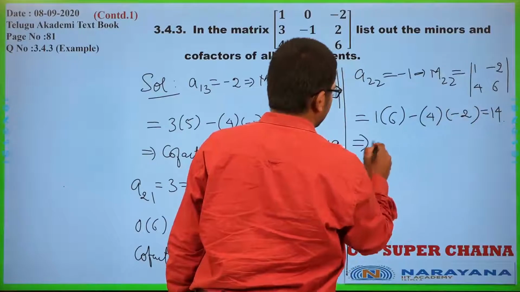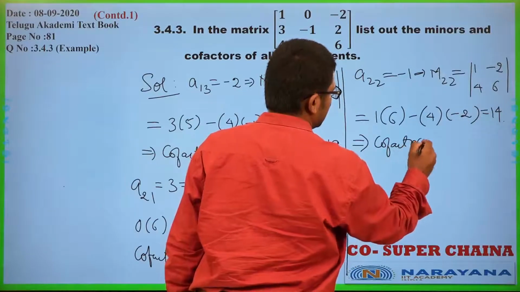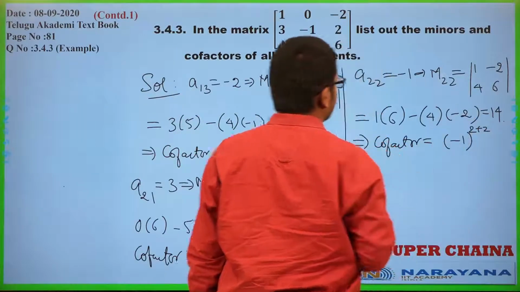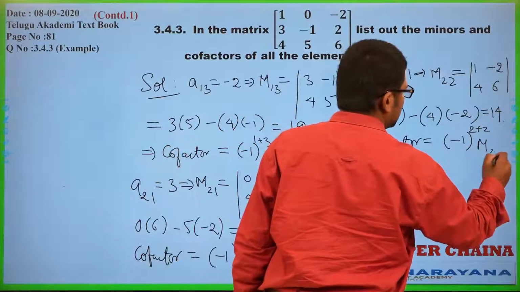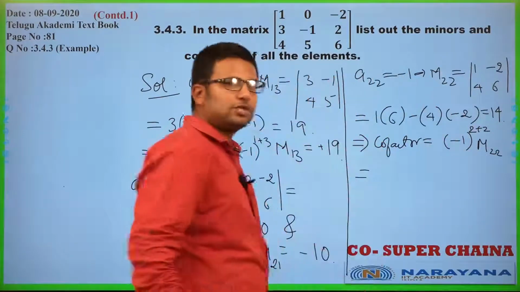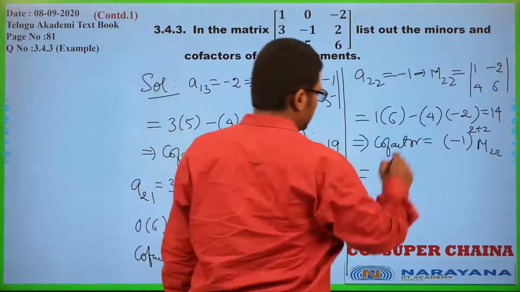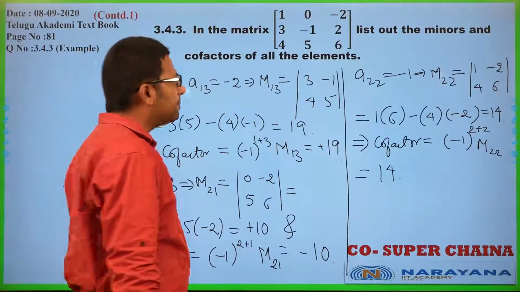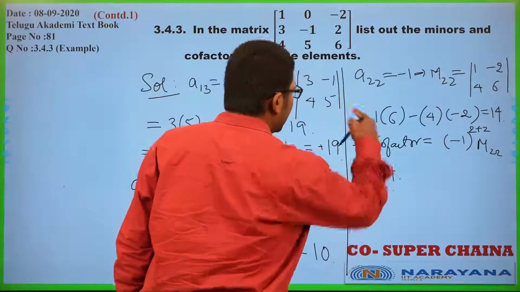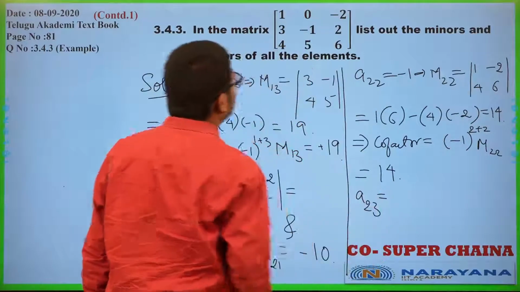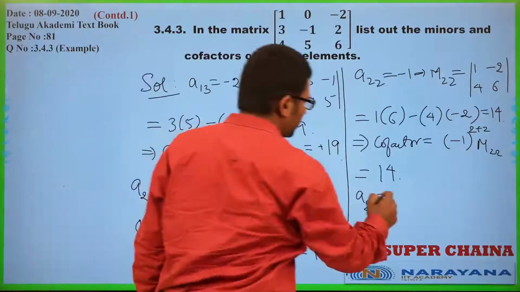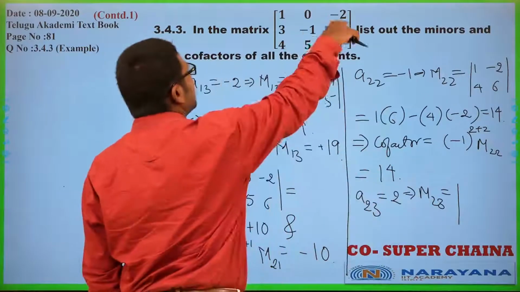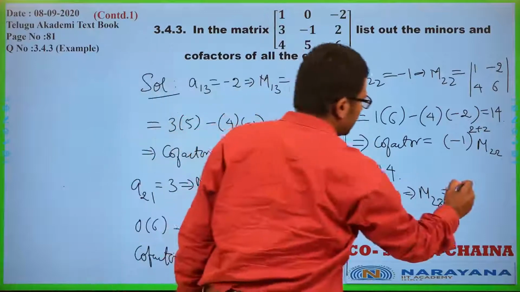This is 14, which means cofactor would be minus 1 raised to 2 plus 2 times M22. So minus 1 raised to 2 plus 2 is plus 1 into M22. Therefore, this is just 14 itself, plus 14. Okay. Then A23, second row, third column is 2. Therefore, M23 is the determinant. Leave the second row, third column. So 1, 0, 4, 5.